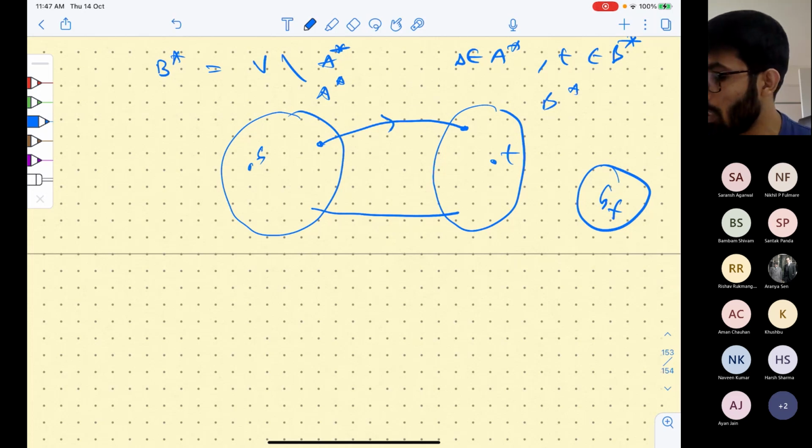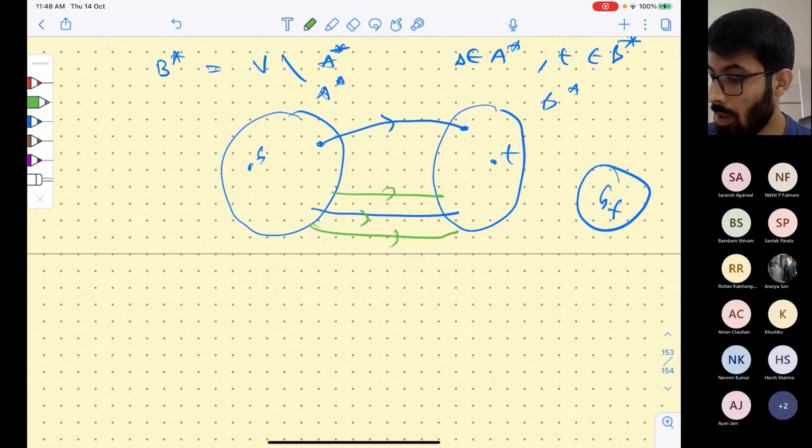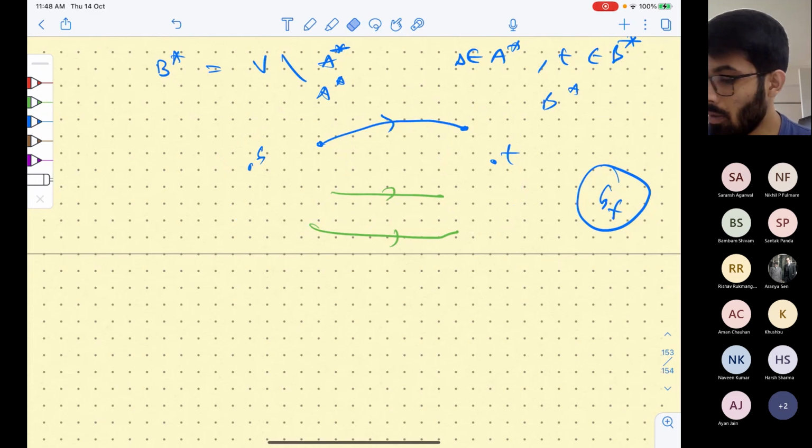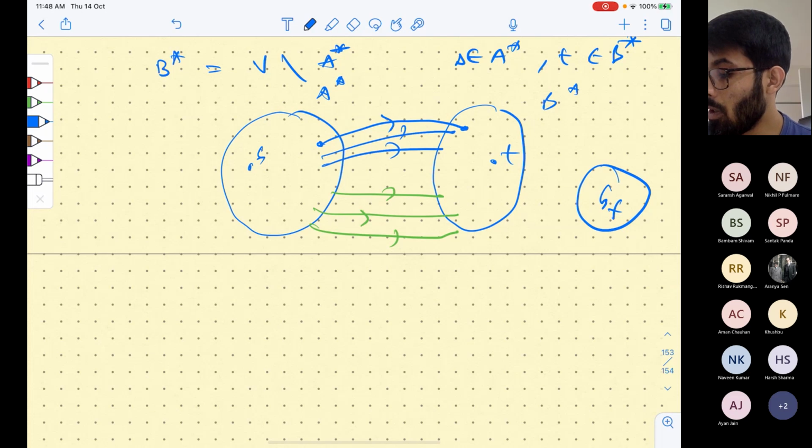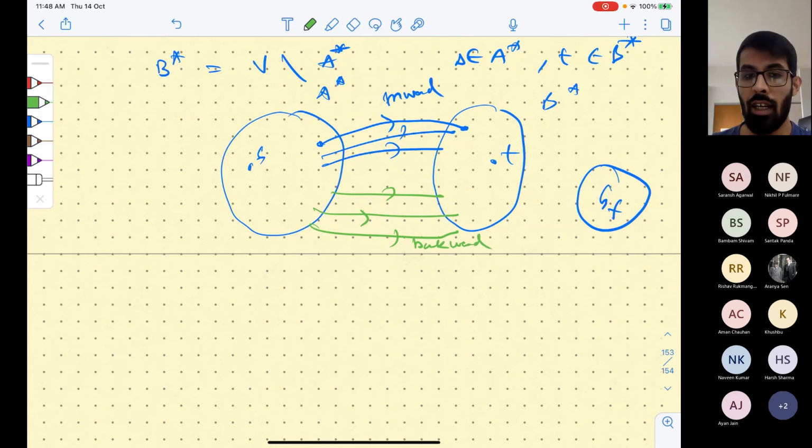In GF there is no path. So let's write them down in different colors. These are backward, let's say, and these are forward, and these are backward. But none of these edges can exist in GF, right?